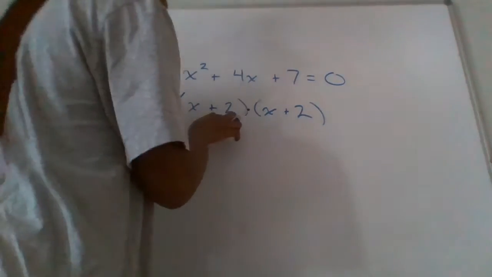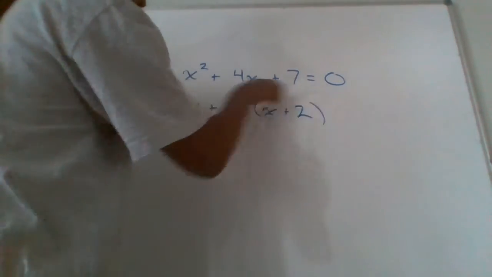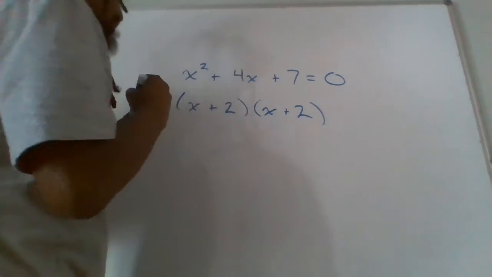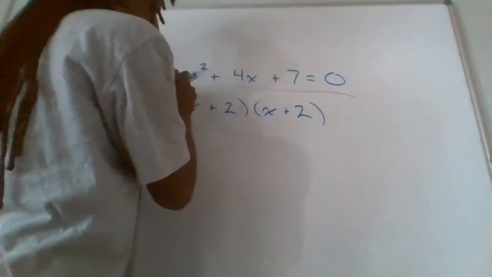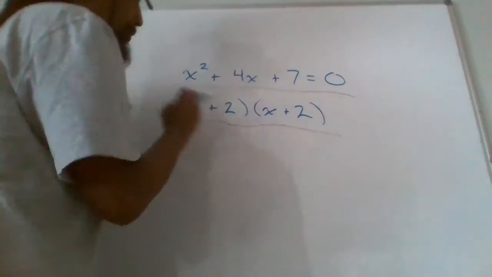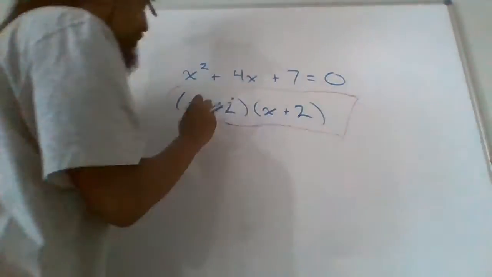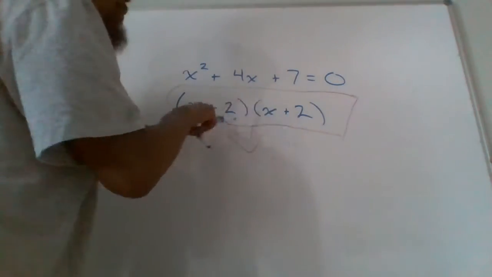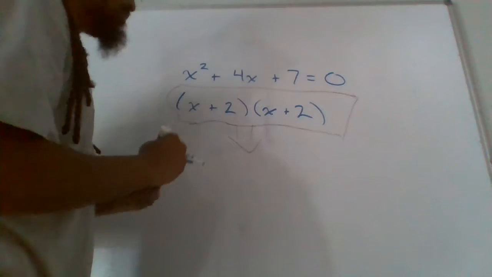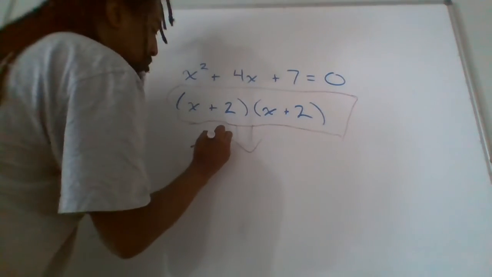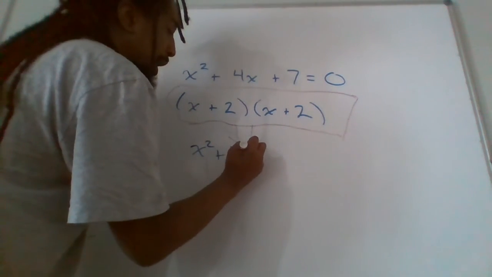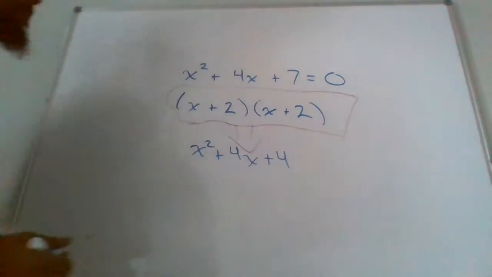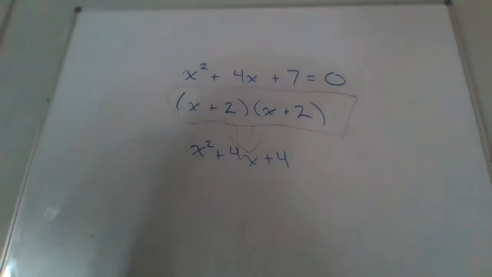So if we were to write out this statement right here, matter of fact, I should do this in a different color, because this is separate right now. So this goes down here. If we were to draw out this whole equation, we would get x squared plus 4x plus 4. Let me run that back.